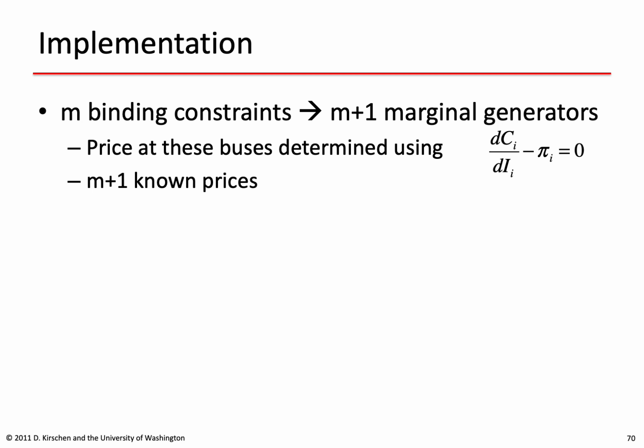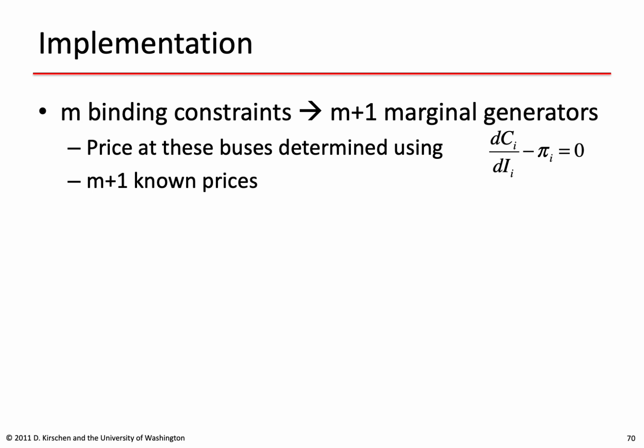First, we observe that if we have m binding constraints, we will have m plus 1 marginal generators. Now, the prices of buses where these generators are connected can be determined using the equation dCi over dPi minus pi equals 0, because this partial derivative is known at bus I if bus I is a marginal generator.